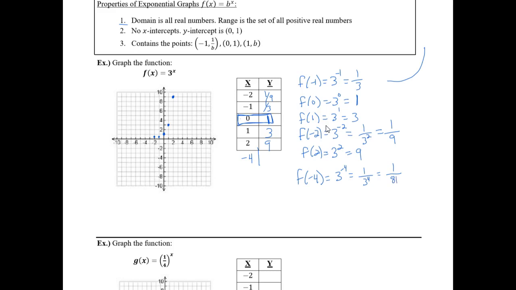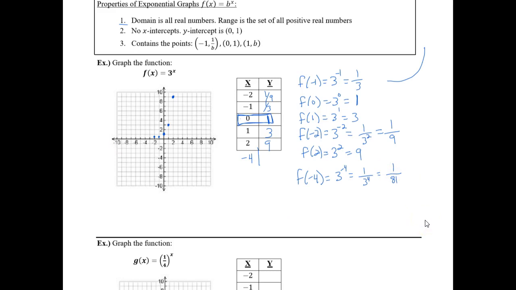So you can see we're just going to get bigger and bigger numbers in the denominator, but because it's in the denominator, it's going to make a teeny tiny number. A fraction with a huge denominator makes a really small number. So no matter if I put in negative a million here, I'm going to get 1 over 3 to the millionth power. It's going to get super, super close to this x-axis, but it will never equal 0. It's just going to be tinier and tinier fractions.